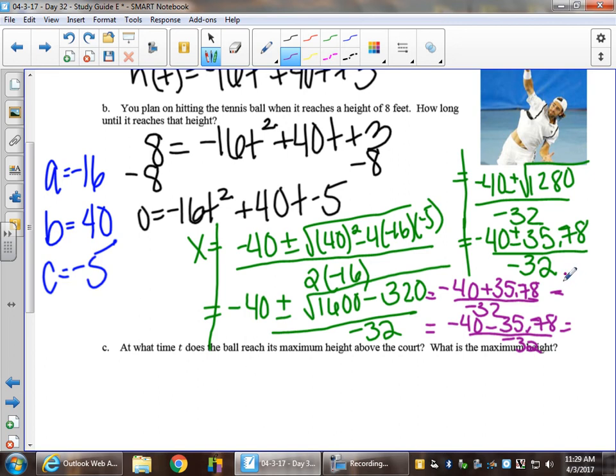All right, guys, everyone in your calculators, do negative 40 plus 35.78, press equals, and then divide that by negative 32 and tell me what you get. It should be positive because we have negative divided by negative. 0.13, positive.